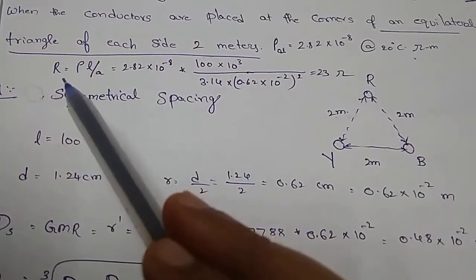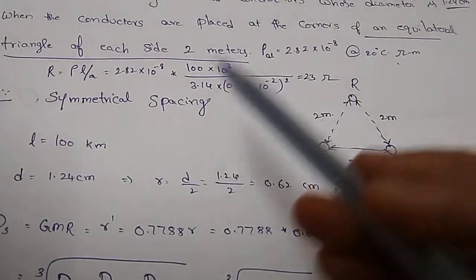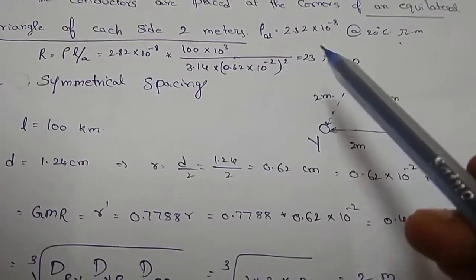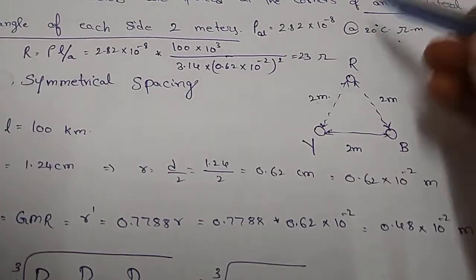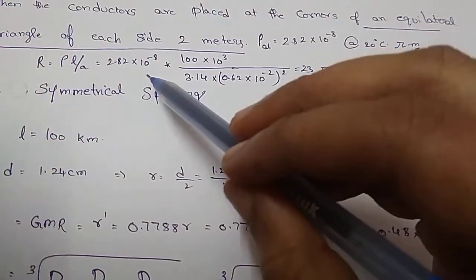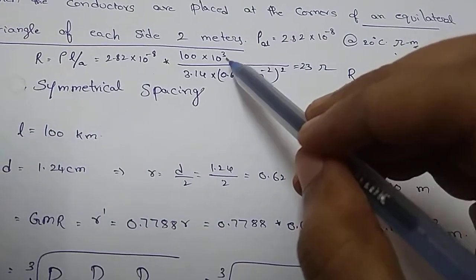So when I am calculating this resistance value, I want to place all the units in one format. I am considering meters as my standard unit here. The length is in kilometers, so I am converting it by multiplying by 10 power 3.